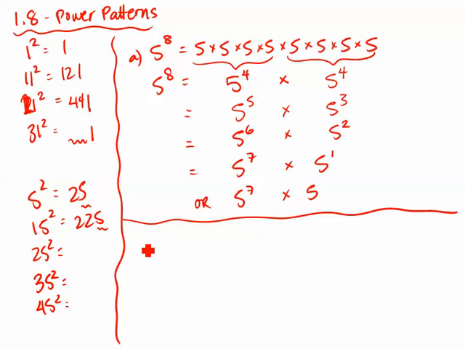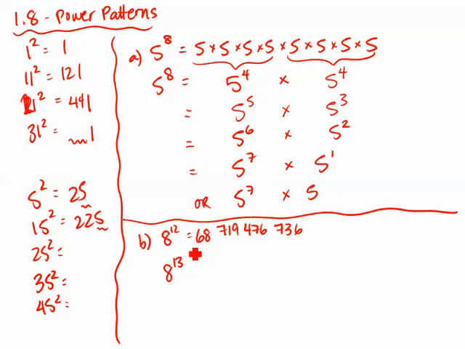So here's another example. If I tell you 8 to the 12th is 68,719,476,736, I want you to predict what the answer to 8 to the 13th will be without using a calculator, and just show me how it is related to 8 to the 12th.